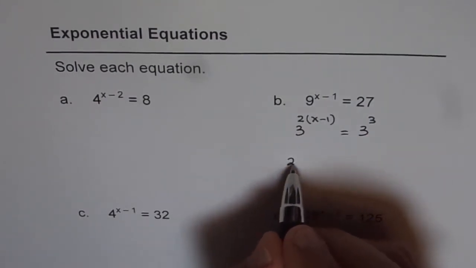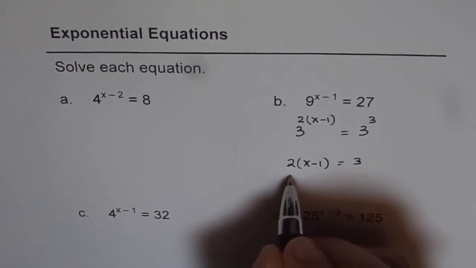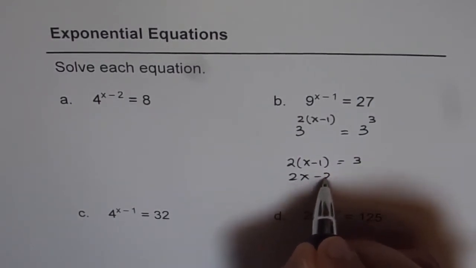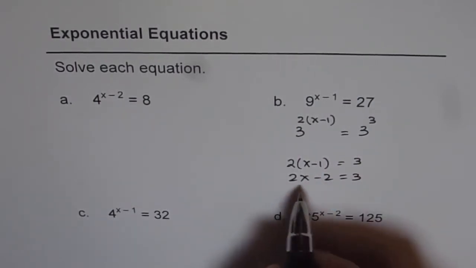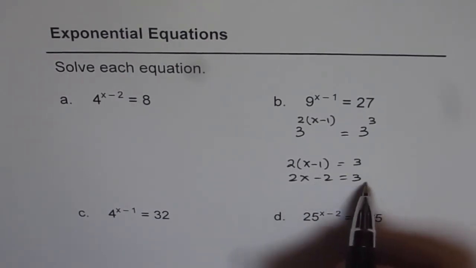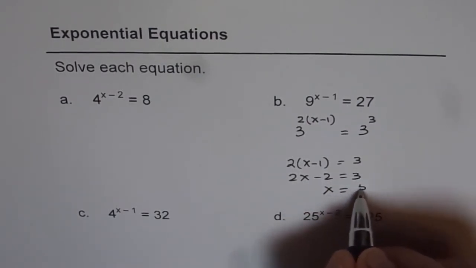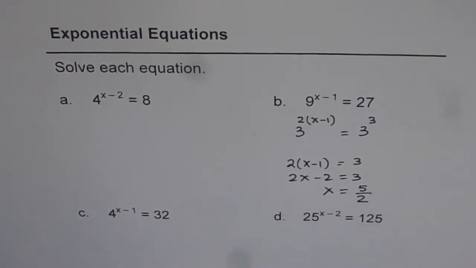So we get 2 times x minus 1 equals 3, or 2x minus 2 equals 3. Now we can solve for x. If I take 2 to the other side, I get 3 plus 2 as 5, and x equals 5 over 2. So that is how we can solve this equation.